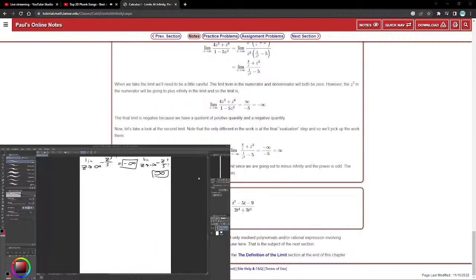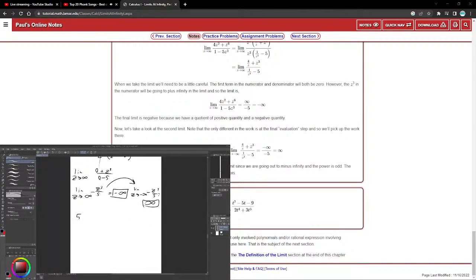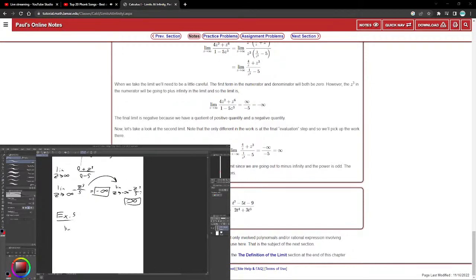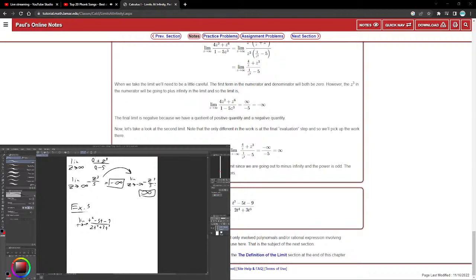Evaluate the following limit. Just negative infinity, huh? Alright, so first factor out the common power.